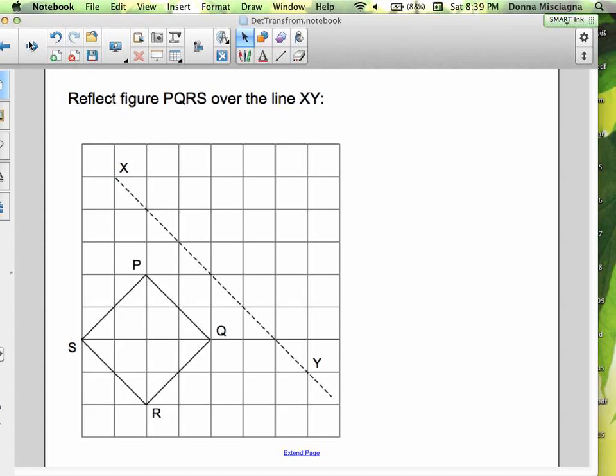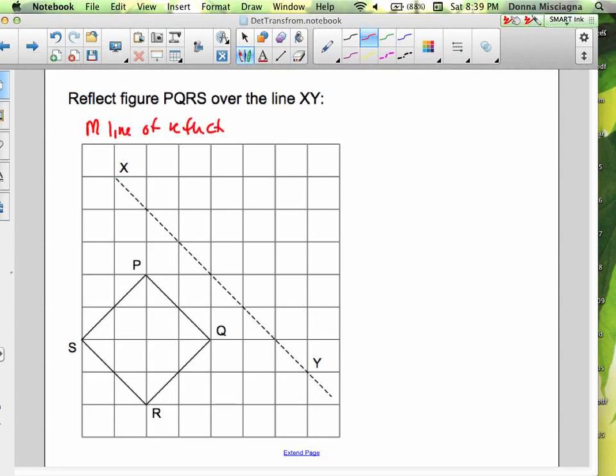All right, so this one's a lot easier to draw our segments connecting our image and our pre-image. Let's find the slope of our line of reflection again. So our slope for the line of reflection this time is not 1. This time it's -1, right? We're going down 1 to the right, down 1 to the right.